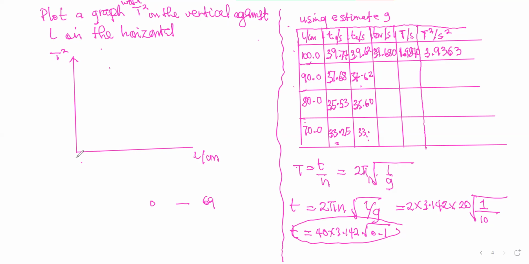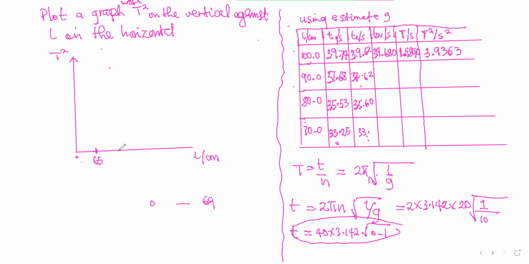Because my least length to plot is 70, I can decide to start from maybe 65 or 60. It depends on these values.